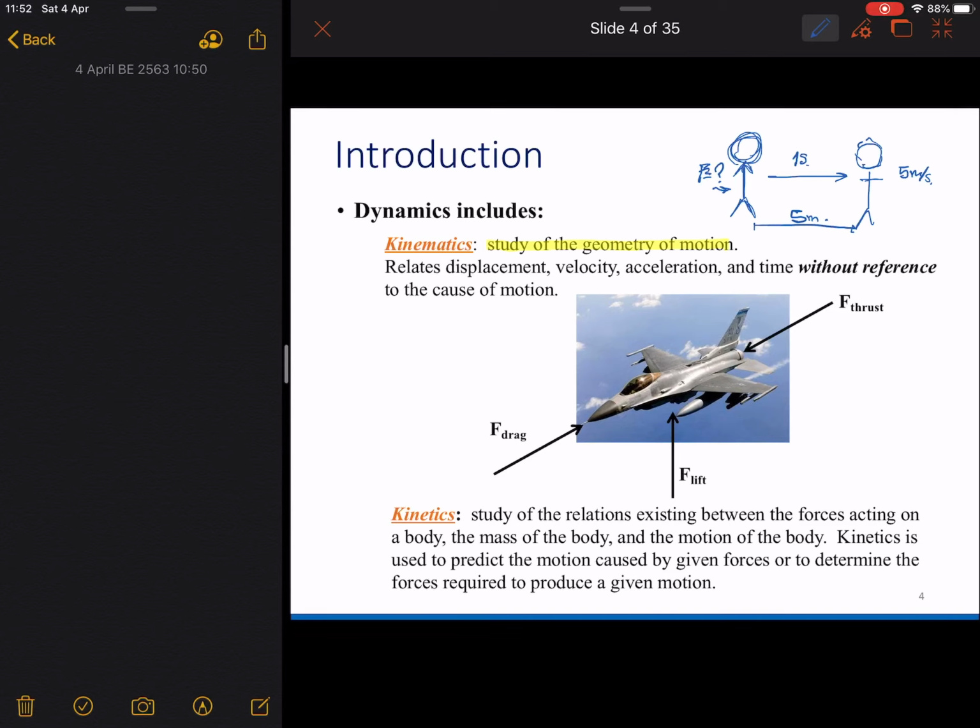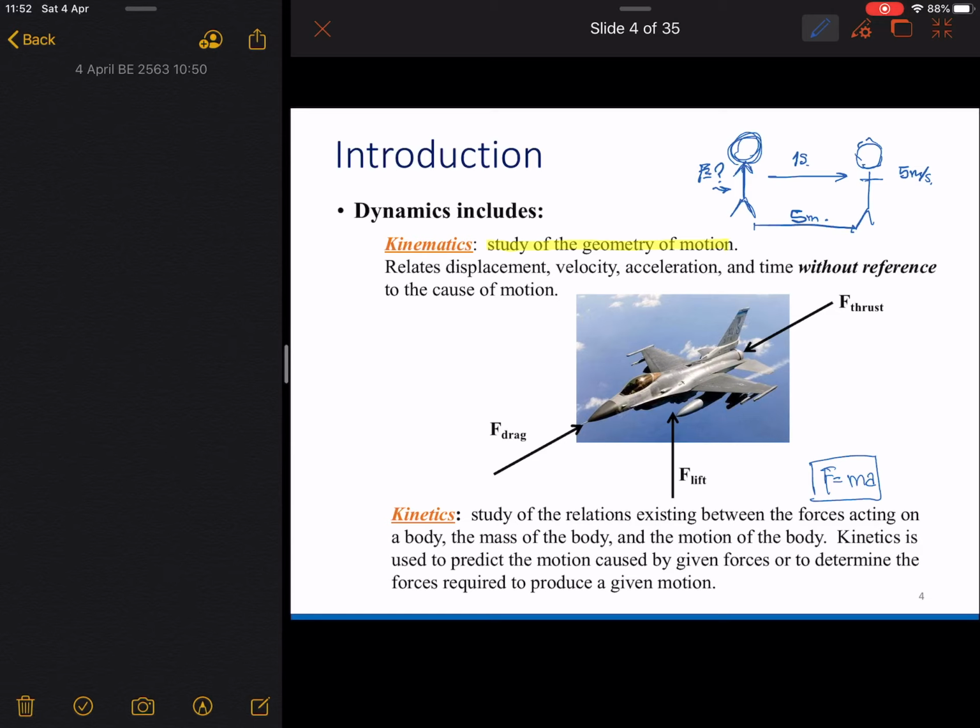Instead of being interested only in kinematics, which is displacement, velocity, acceleration, and time, now we are also interested in the relation between the force, the mass, and the motion of the body, for example acceleration. So in this case, for example, F equals ma. This is kinetics because we have force, mass, and their relation with the acceleration.